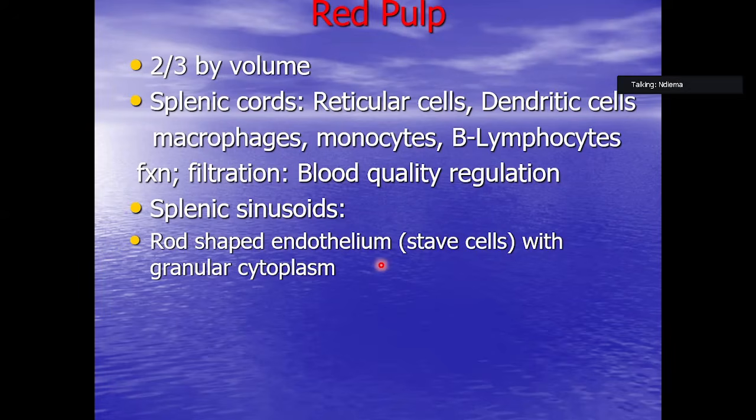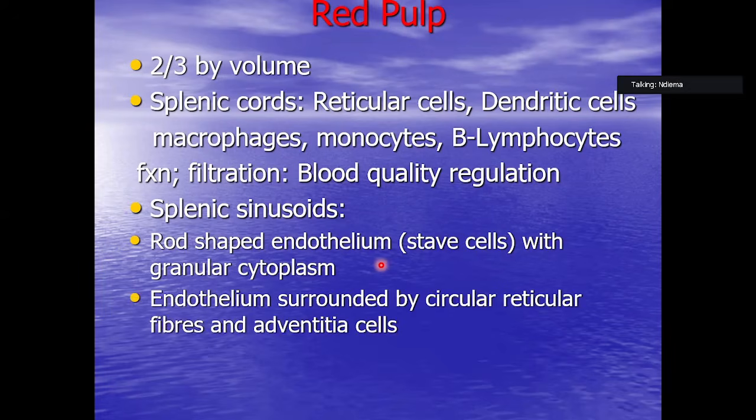So it is selective passage of cells. The endothelial cells are surrounded by circularly arranged reticular fibers and adventitial cells. These circularly arranged reticular fibers and adventitial cells act as filtration barriers. So they also help in selection of cells that are able to pass through into the sinuses.